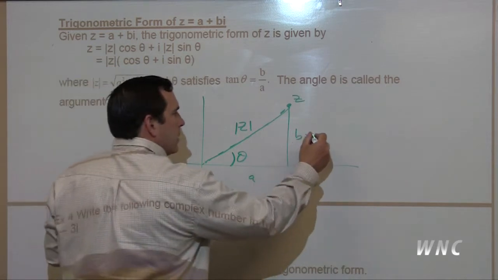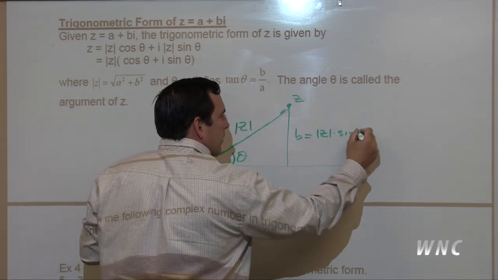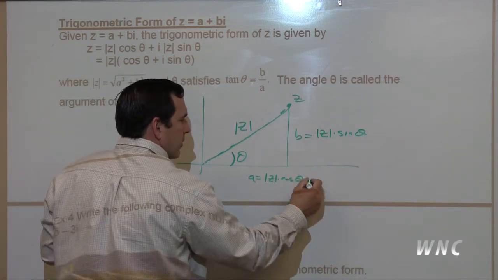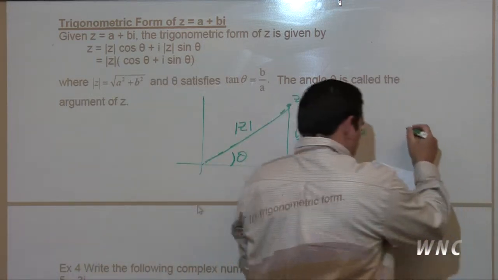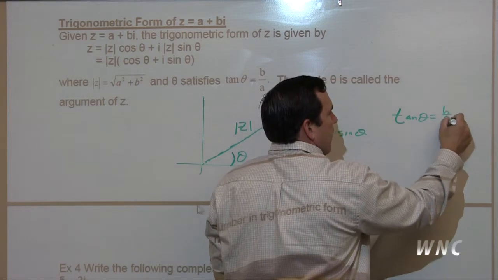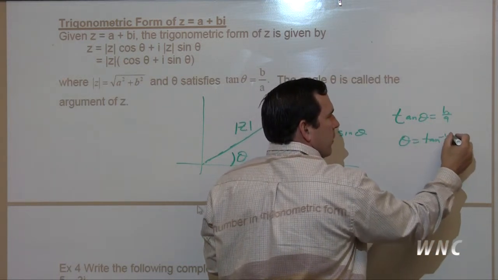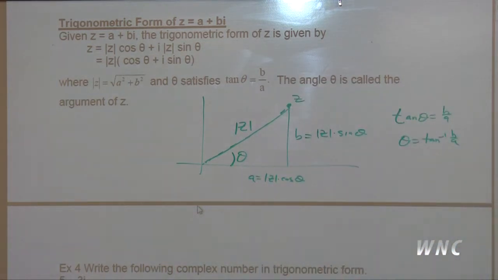So b is the magnitude of z times sine theta, and a is the magnitude of z times cosine theta. Again, tangent theta is b over a, that's y over x, and theta is arctangent, or tangent inverse, of b over a. Okay, let's do an example with this.